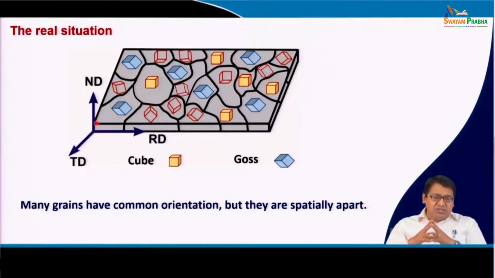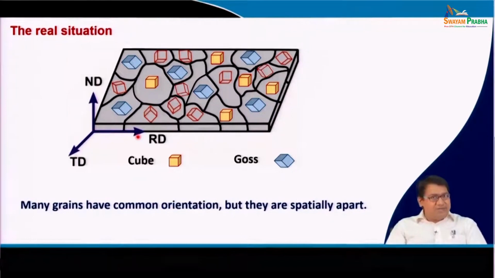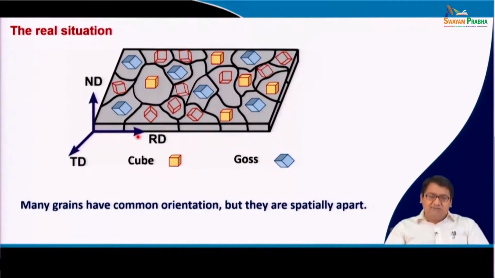And in this situation, you see that there is a polycrystalline material, and we know the important reference directions as it is a rolled sample. So, we have taken RD, ND and TD, and we can see that there are various grains present in this material, and some of the grains have orientations which are different from each other, and a few of the grains have a certain orientation.